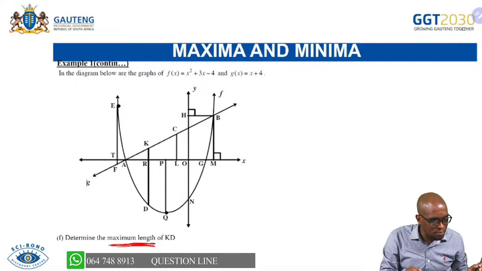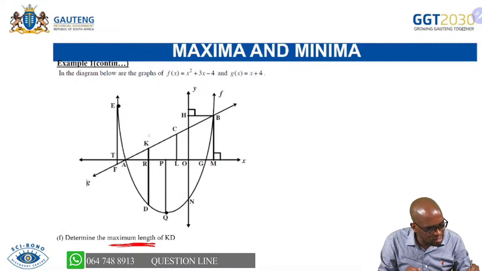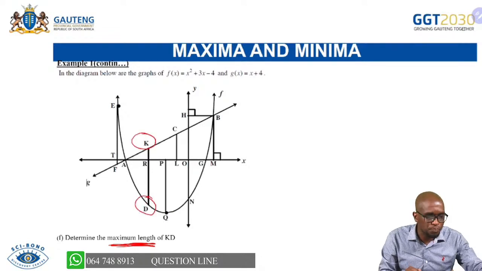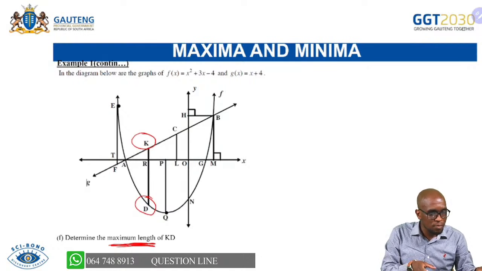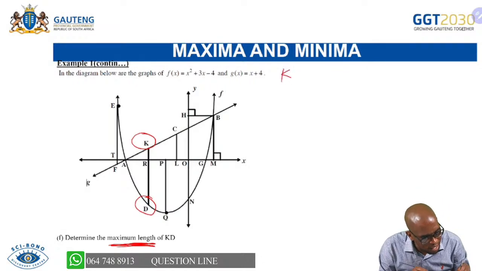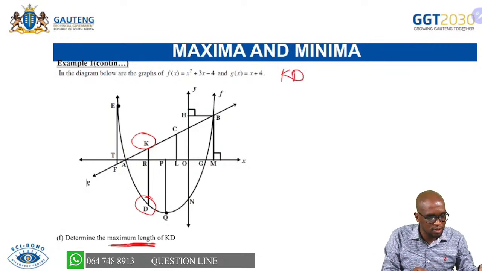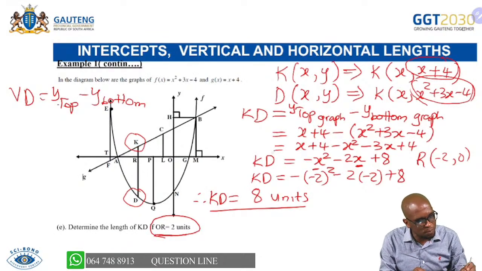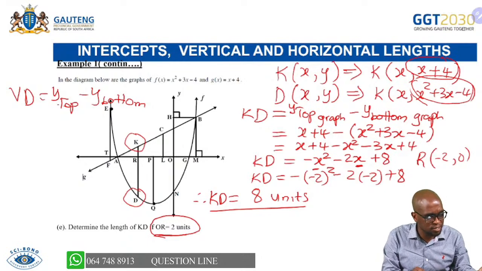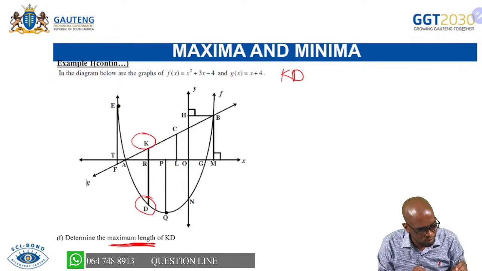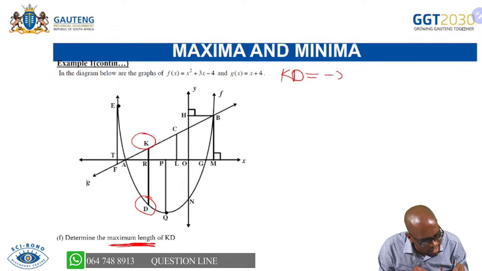Now, if we want the maximum length of KD, let's locate K and D. K is on the straight line and D is on the parabola. We've worked out in the previous slide the expression for KD. We said it's minus x squared minus 2x plus 8. So we would write that as minus x squared.